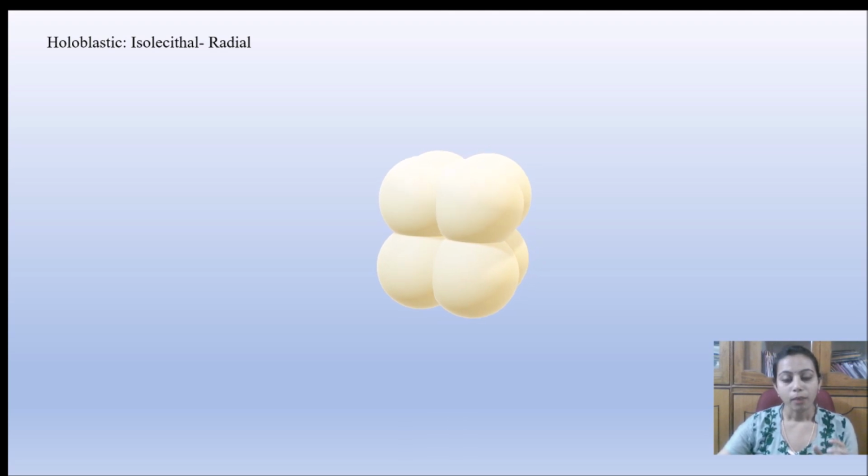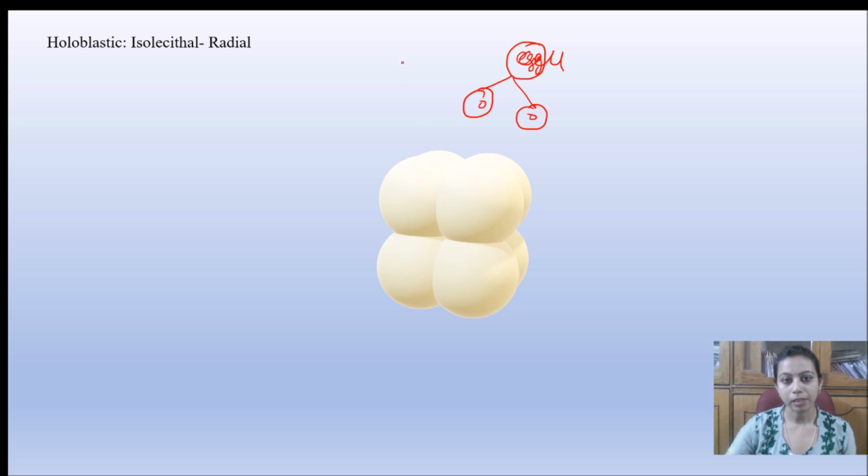Now why am I using the word cleavage instead of cell division? Because the cells are dividing here, but they are not completely segregating from each other. There is some connection between them. In cell division, when a cell divides, the two daughter cells from one cell will have an equal amount of cytoplasm along with the nucleus.